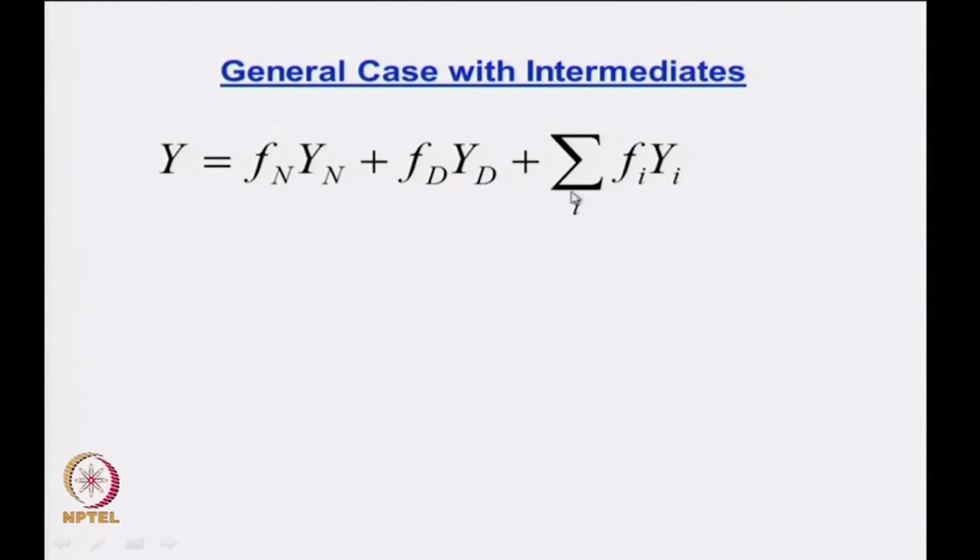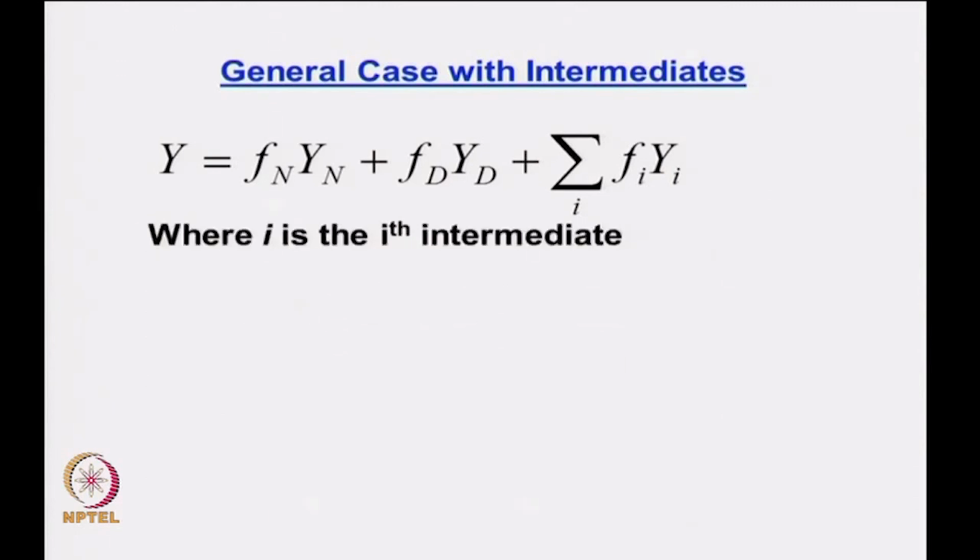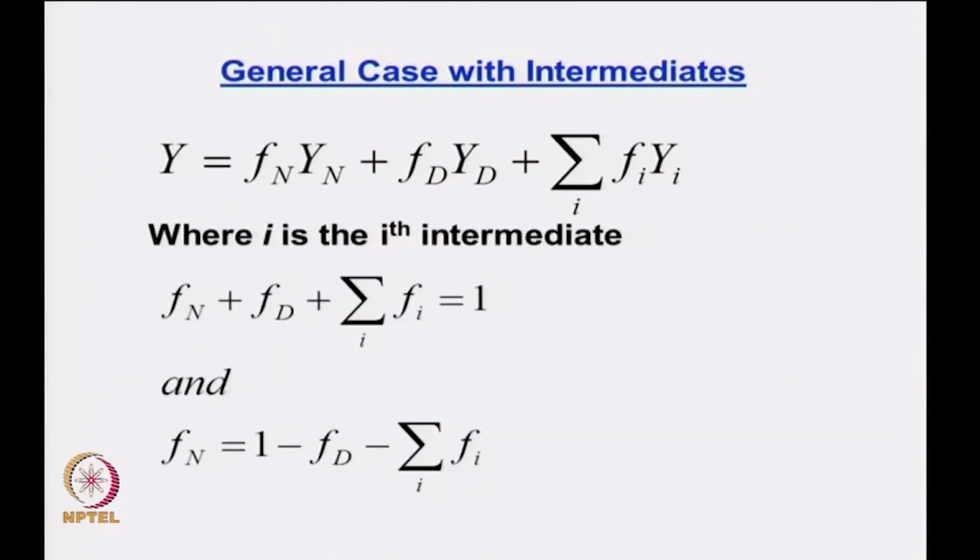So, what do you do? You take a summation of all the intermediates that can be present, okay, with the corresponding fractions. That is the small change you bring in your basic equation. Then everything follows the same way. I is the ith intermediate, and you know that the summation of all the fractions should be equal to 1, right, and f_N, the fraction of the native state, is given by this. Okay.